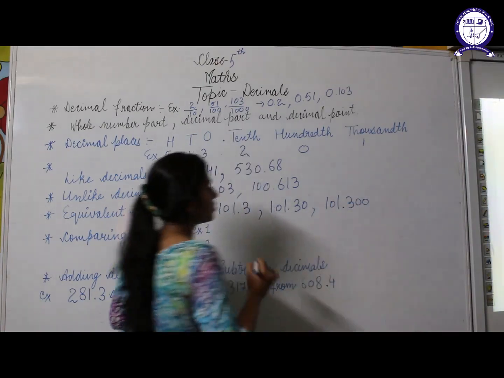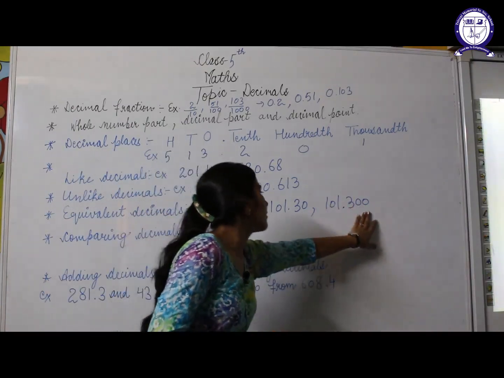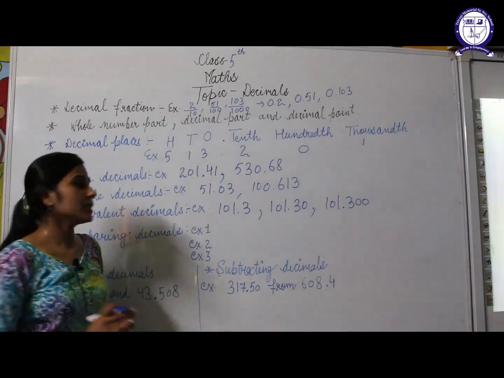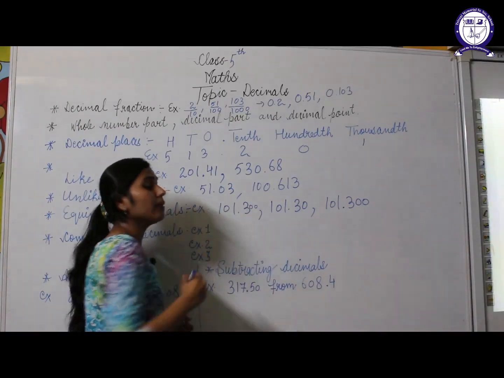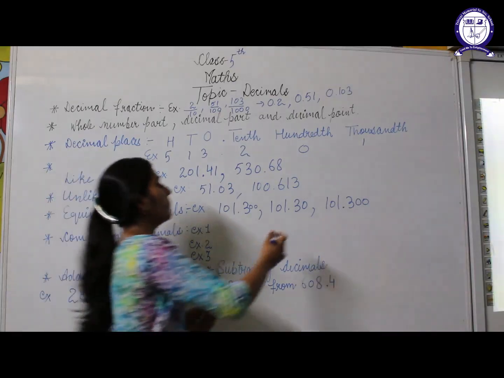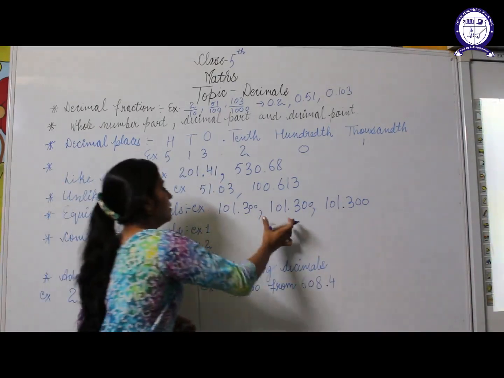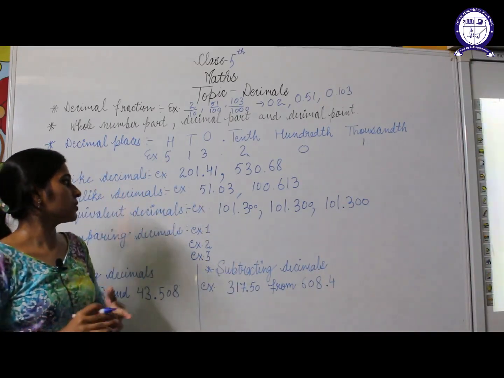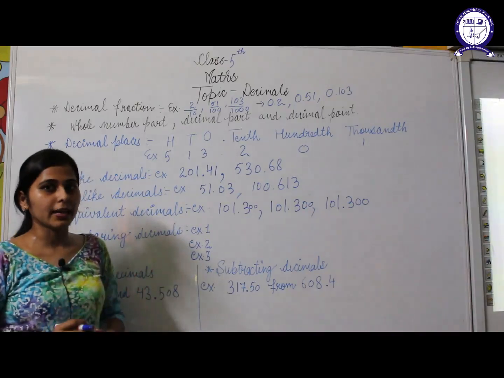In all these three numbers, here we have 3, here we have 30 and here we have 300. But students, we can write as many zeros as we want at the right hand side of the number. We can also make them like or equivalent decimals, students. So now all three decimal parts are equal.